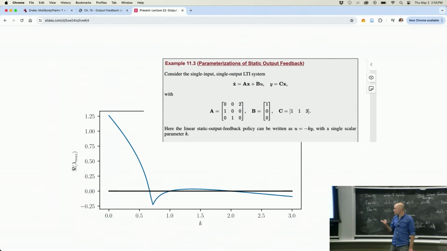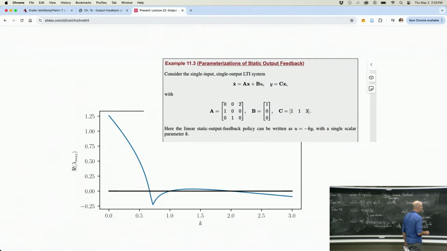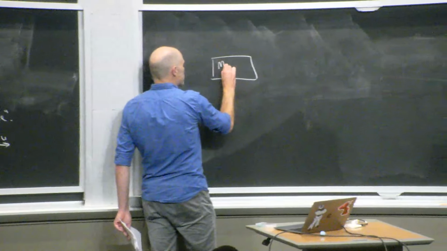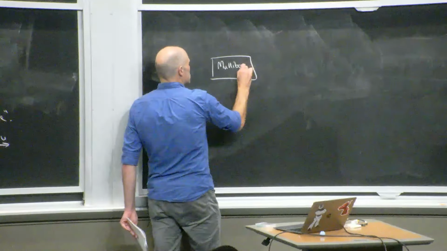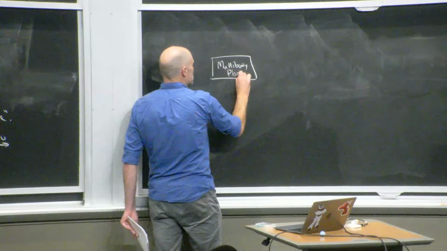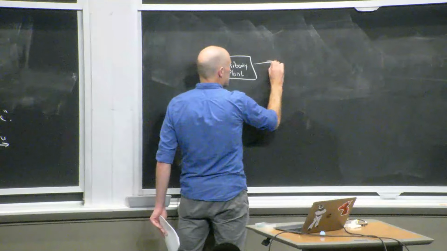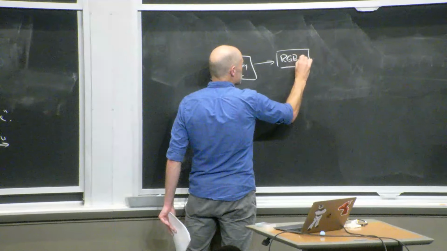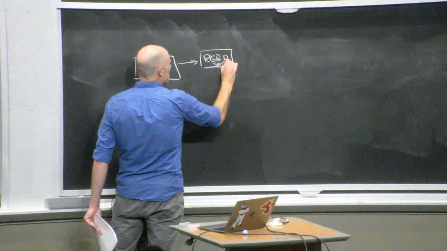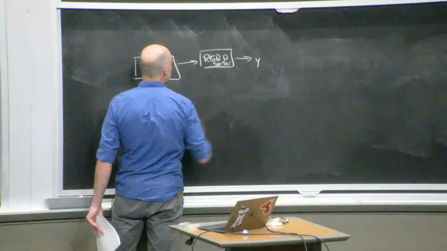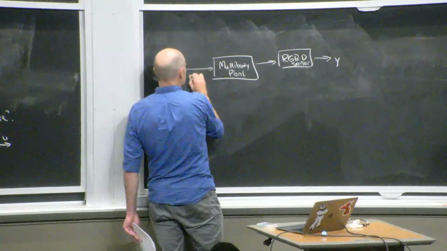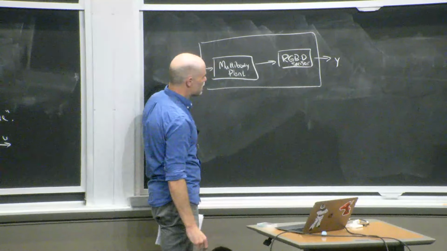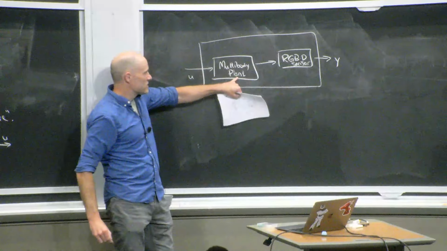By the way, if I'm simulating that system, then we have the multi-body plant. It has its outputs. We simulate that through an RGBD sensor, let's say. We treat that as our output Y. And what's inside this?